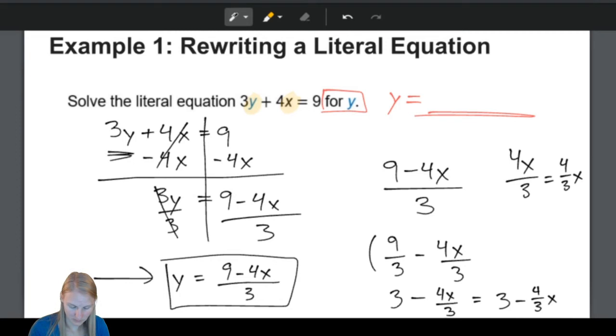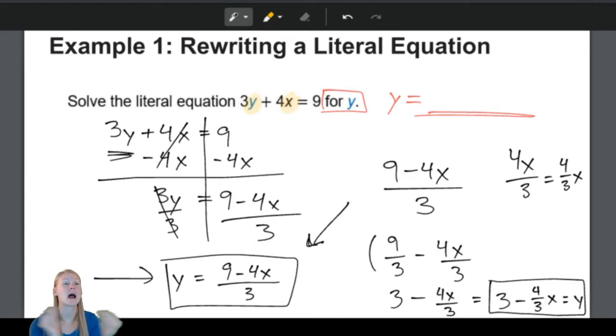So we have y equals 3 minus 4/3 x is another final answer you could have. I would accept this one, but if you really want to show that you've mastered the content, you will want to be able to simplify it further.